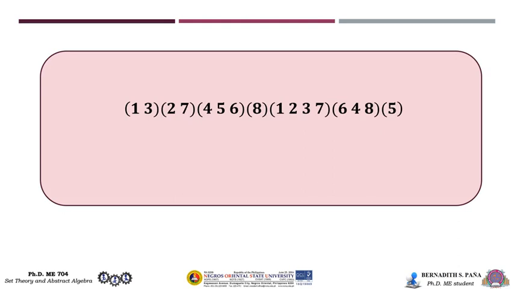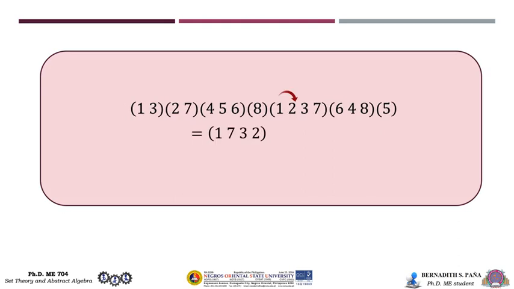So we have here 1 maps to 2, and then 2 maps to 7. That's why we have 7. Next, 7 maps back to 1, and then 1 maps to 3, so we have here 3. Next, 3 maps to 7, then 7 maps to 2, that's why we have here 2.